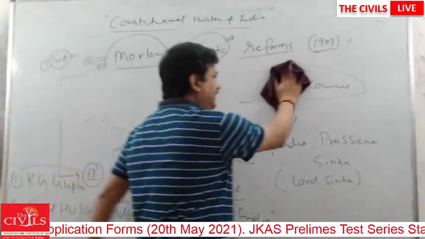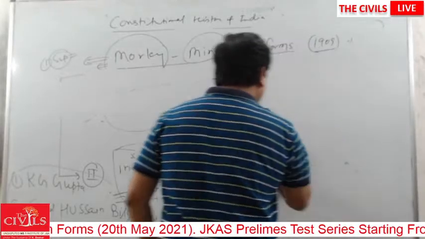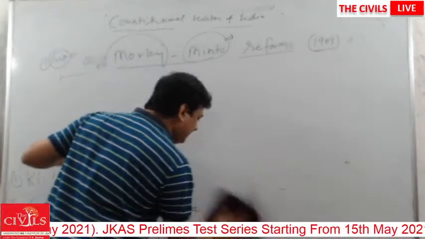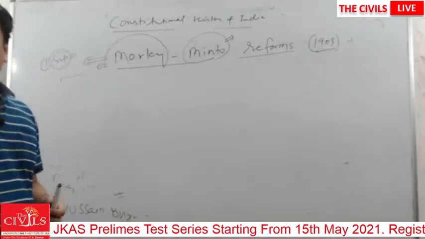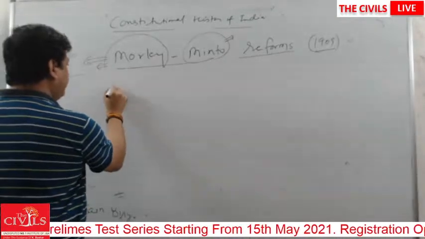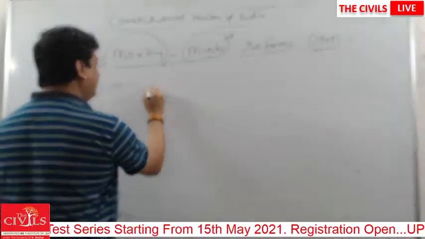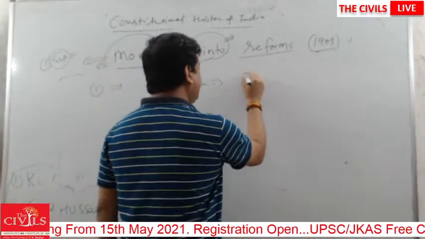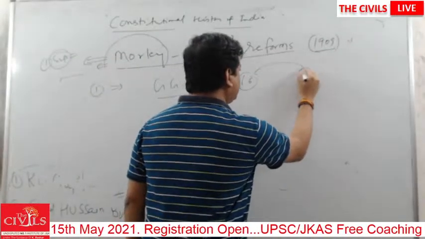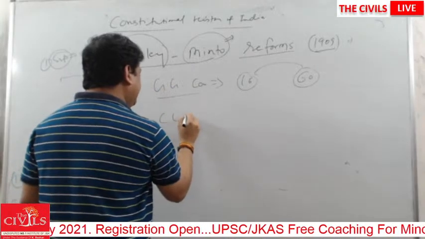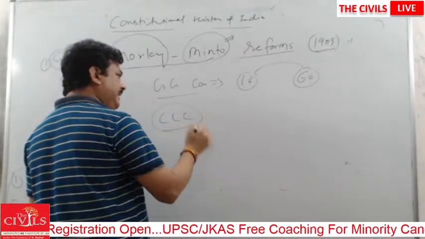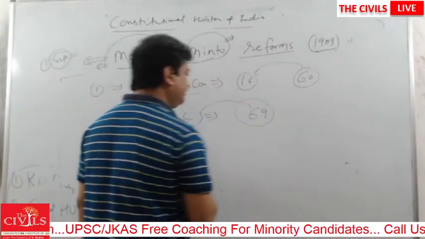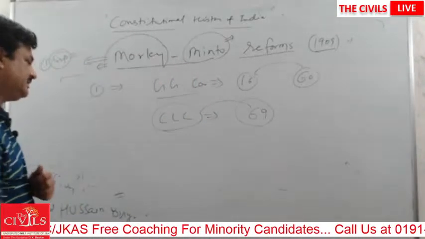Now I'm going to conclude. The first most important provision was the enlargement of the Governor General Council. Earlier there were 16 members, it was increased to 60. The Central Legislative Council or Imperial Legislative Council was also increased, and there were 69 members.